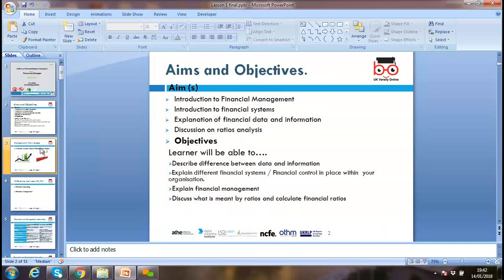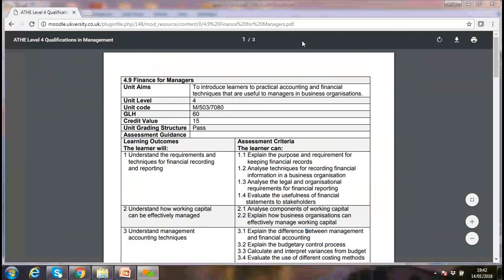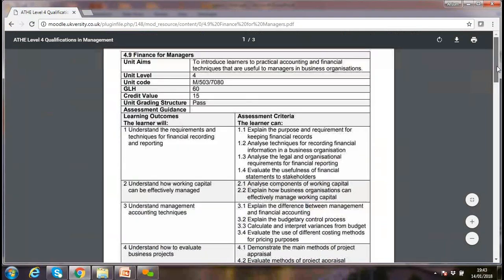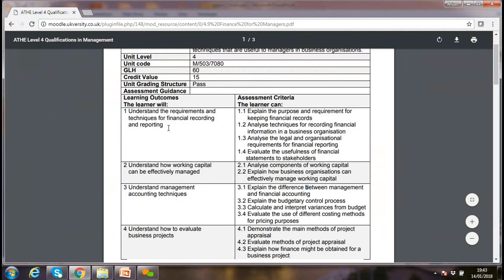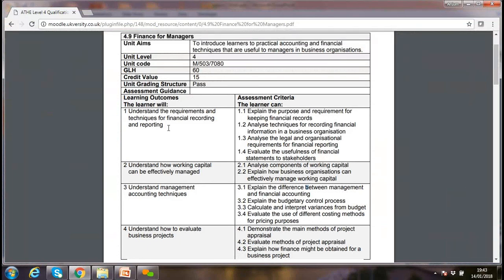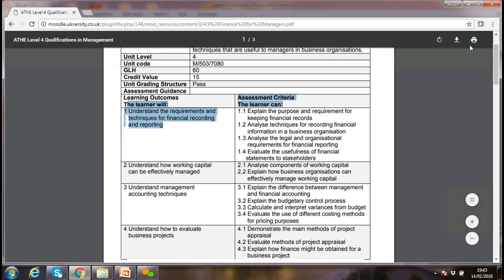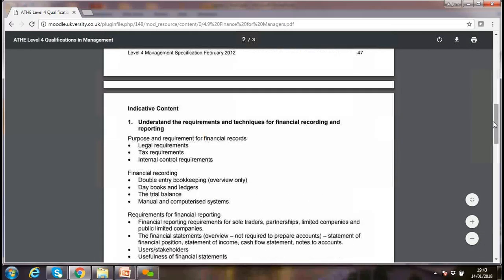So today's lesson, the title is Finance for Managers, and it will focus on LO1, Learning Outcome 1: understand the requirement and technique for financial recording and reporting. I wish that by the end of the lesson we achieve our objective. We'll discuss legal requirements, why we need to prepare financial records, tax requirements, and internal control requirements.